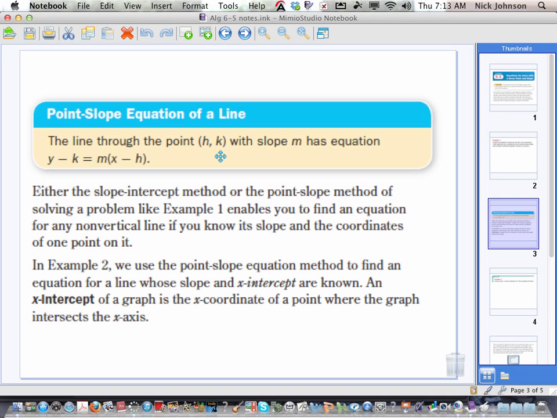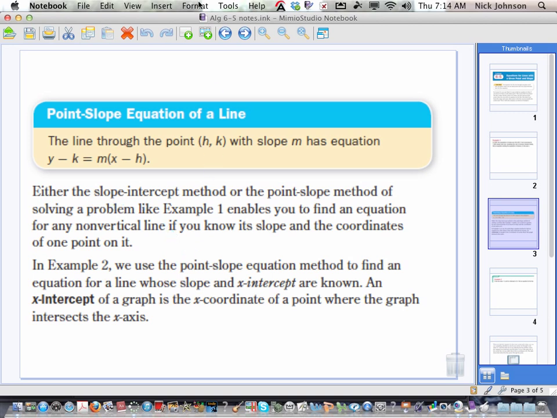Now, for the book's sake, I can go ahead and call it H, K. But the line through the point H, K, some point, with slope M has an equation y minus k is equal to m times the quantity x minus h. Notice h goes here, k goes here.